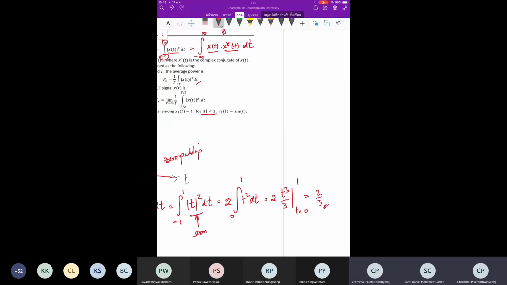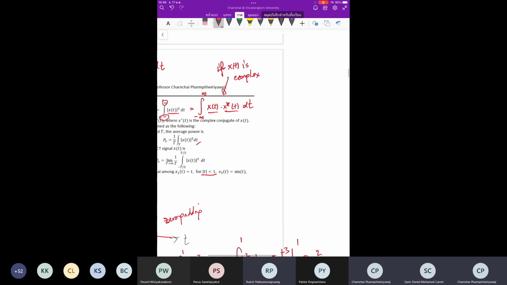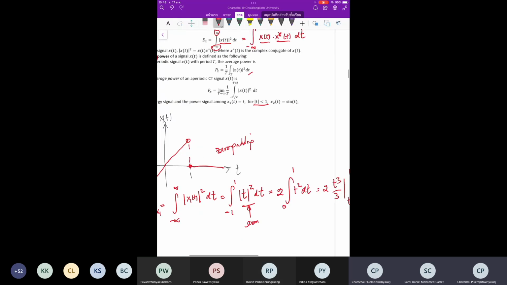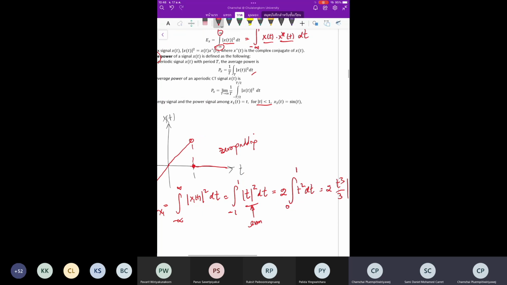So it is finite energy, less than infinity. Therefore, this signal has finite energy. This is an energy signal.